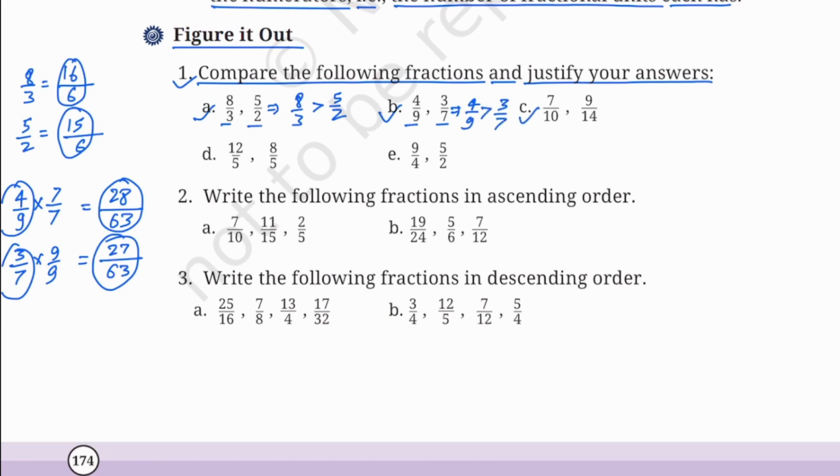C. 7 upon 10, 9 upon 14. Common multiple of 10 and 14 is 70. So just multiply by 7 upon 7 with the first one and 5 upon 5 in the second one.